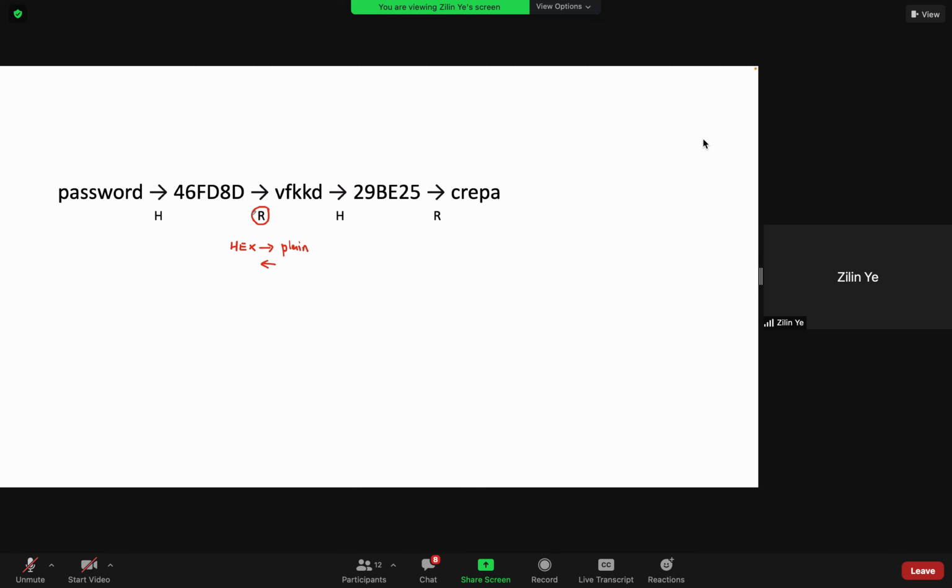So you have to know that this reduce function is not the reverse of the hash, because you see, I'm reducing this hexadecimal to a plain text, VFKKD. But if I compute the real hash of this VFKKD, this is the actual hash of this plain text.